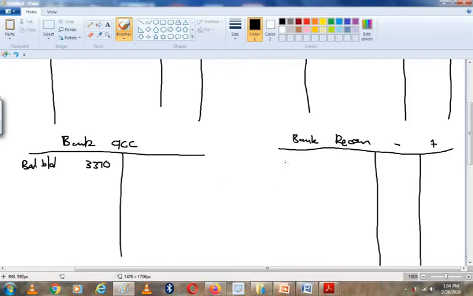So you will start with the unfavorable balance as the bank statement, and that amount is 32,402.